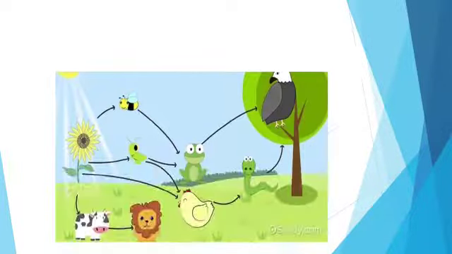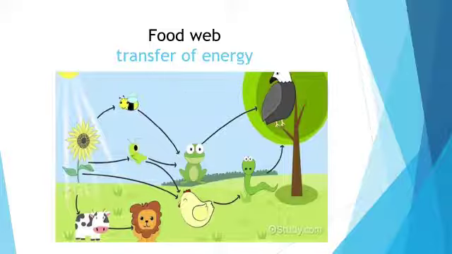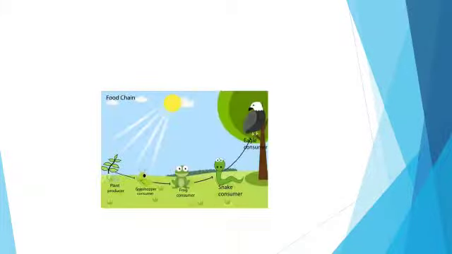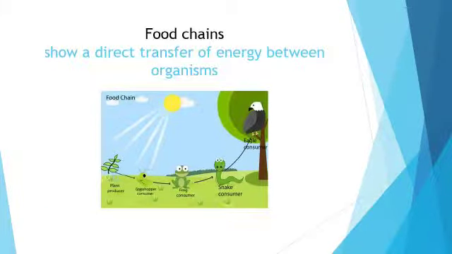Once the energy has been captured, it gets around through the various organisms in a particular area. This transfer of energy is called a food web. In their simplest form, food webs are formed of food chains. Food chains show a direct transfer of energy between organisms.